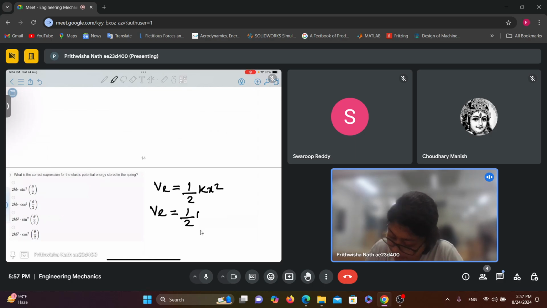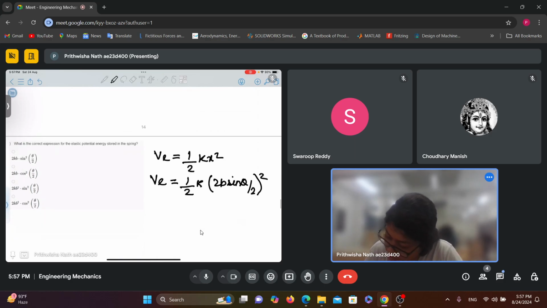So half k, 2b sine theta by 2 whole square. So half k 4 sine square theta by 2, 2k b square sine square theta by 2.